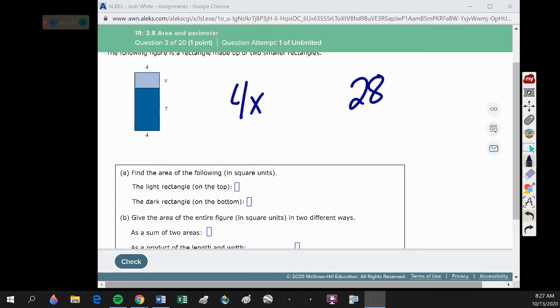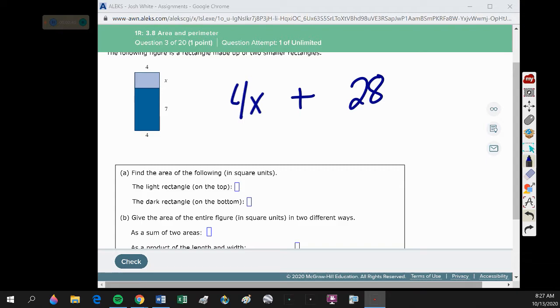Okay. Now, B asks, give the area of the entire figure in 2 different ways. So if we want the area of the entire shape, then we can just add the area from each shape. So one answer would be 4x plus 28. And that is calculated by doing the area of the little one and the area of the big one and adding them together. How else could you do that?